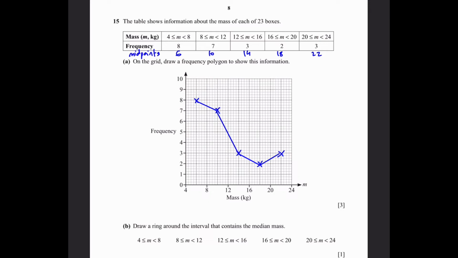So the 12th box comes under this interval because the first 8 boxes come in the first interval and the 9th all the way to the 15th boxes comes in the second interval, and 12 is in between at 9 and 15, so of course it comes in this. That's our answer. Let's go to question 16.